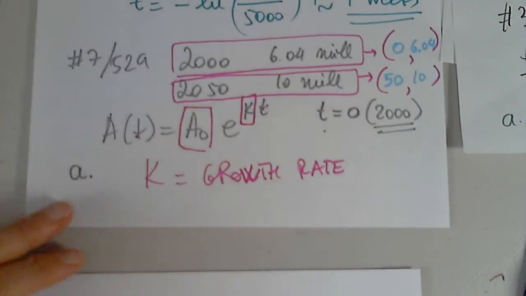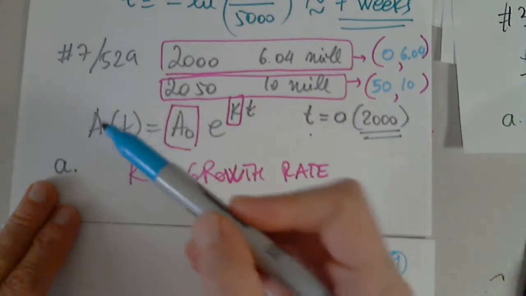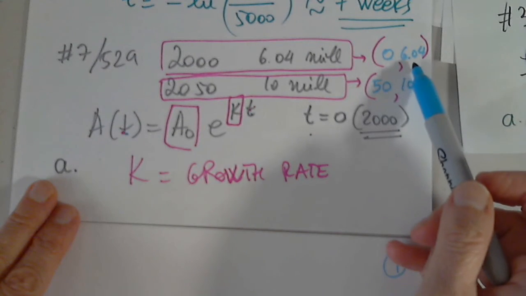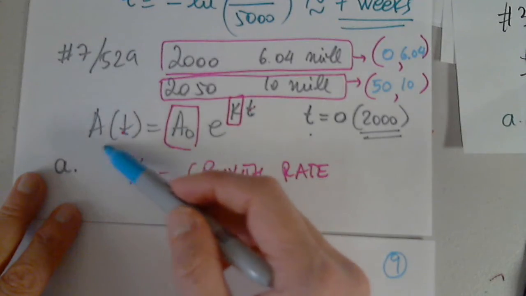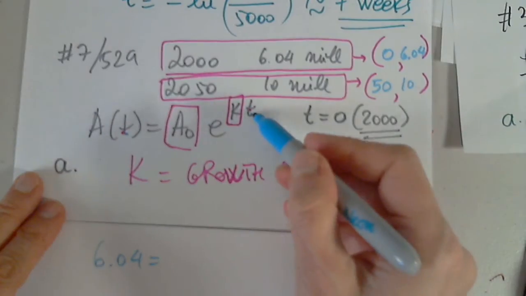So let's see how we do that. When I plug in 0 for t, I get the y value 6.04. So this is 6.04 when t is 0.